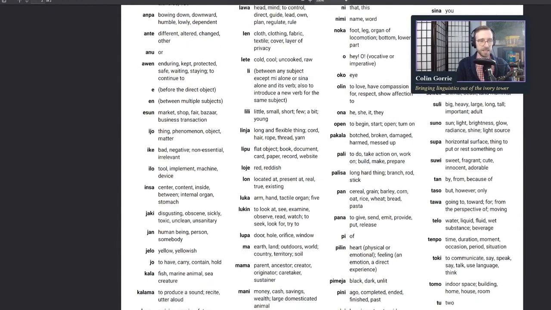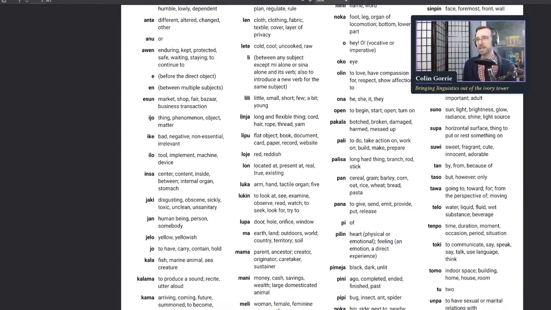And what we're doing is taking these roots and giving them new phonological shape. Toki Pona itself has a very simple syllable structure. We have basically a CV structure with N as the only coda that's allowed. So we have lipu, palisa, and pan: CV, CV, CV, CV, CV, CV, and CVN.